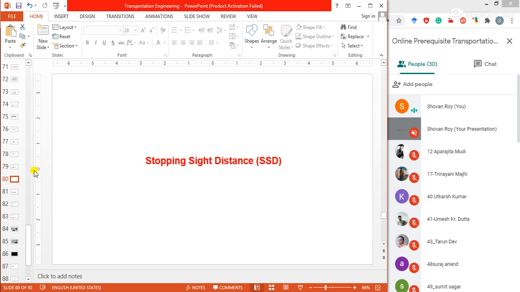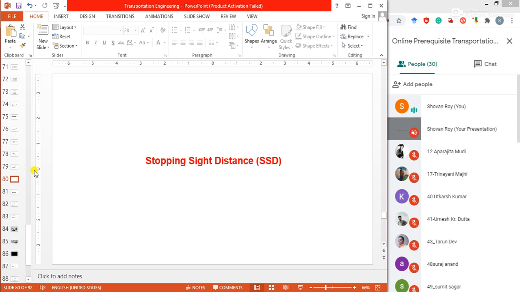So these two types, intermediate sight distance and headlight sight distance, are considered by the IRC apart from stopping, overtaking and intersection sight distance, but their applicability is very limited in India.